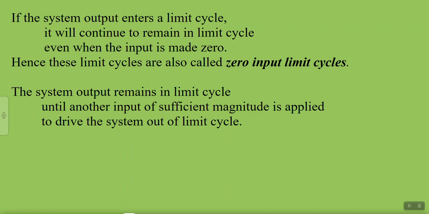Such limit cycles are known as zero input limit cycles, which means that it is in the limit cycle and we are applying 0 as the input to the system, hence the name. The system will remain in its limit cycle until another input of sufficient magnitude is applied to drive the system out from the limit cycle.